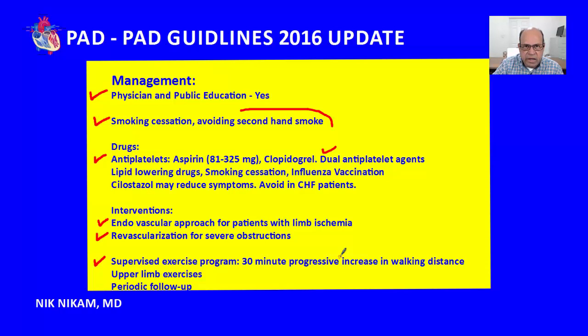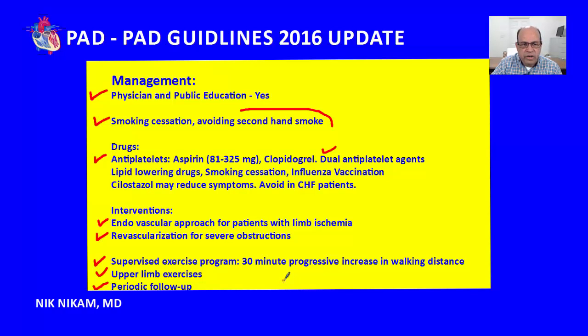Hopefully, by increasing their walking distance both in duration and in intensity, would improve the collateral circulation and thus help to minimize the symptoms. These patients are also recommended to have upper limb exercises to improve the circulation, and they all need to be followed periodically to see how they are making progress in terms of their exercise improvement.